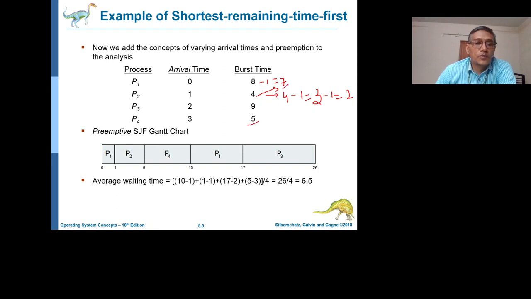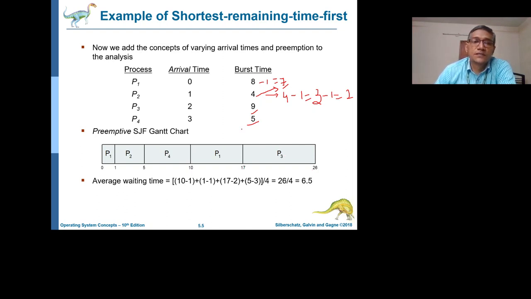So process P4 will take over the CPU and execute for 5 milliseconds, and P1 will get the attention of the CPU at 10 milliseconds because 7 is less than 9 when comparing the burst times of P1 and P3. Then after P1 completes at 17 milliseconds, P3 will take over the CPU and complete at 26 milliseconds.